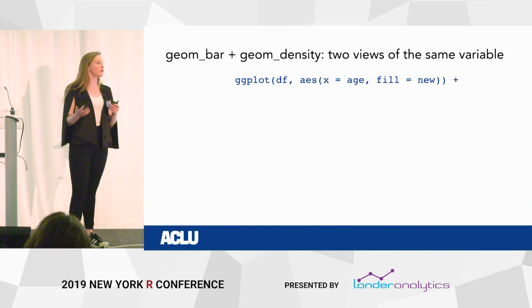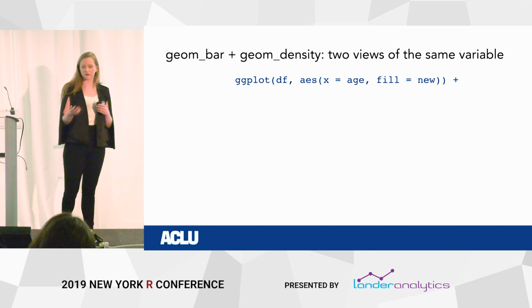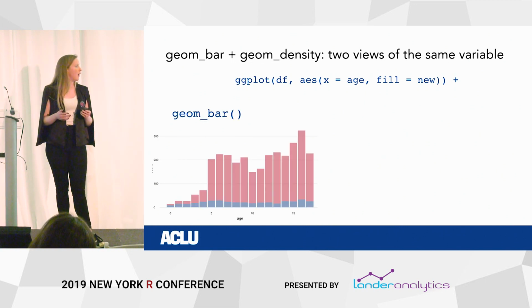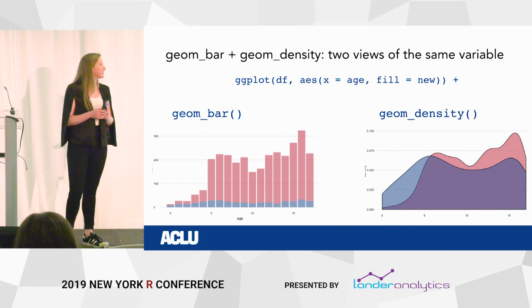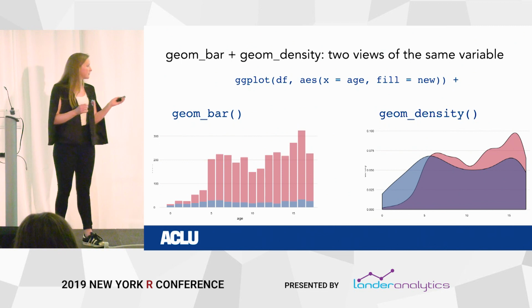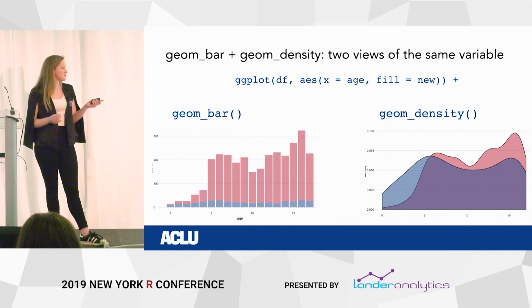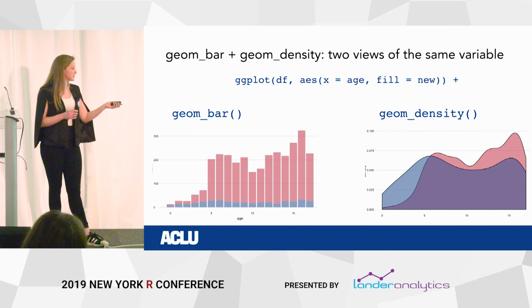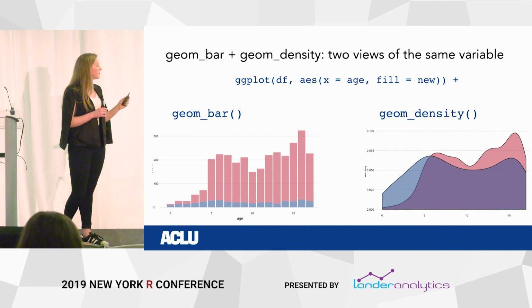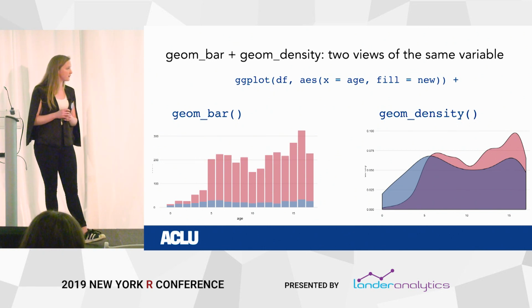Another case in which we can use two different functions really quickly to get a quick look at our data is in looking at the geom density function. So in the graph on the left, the big trend that jumps out is, what we have on the x-axis is age, and along the y-axis is the number of children who are separated of each age.